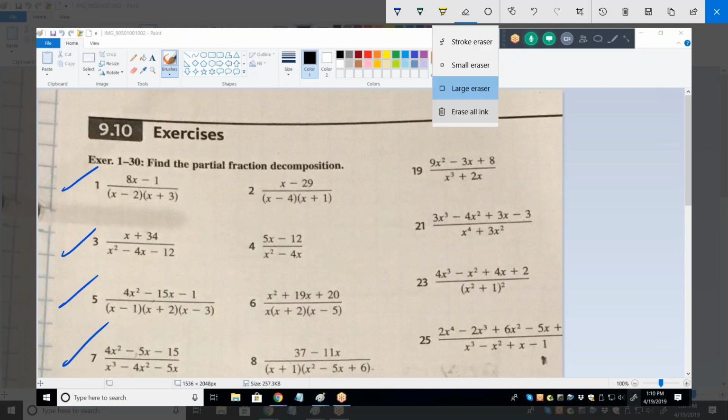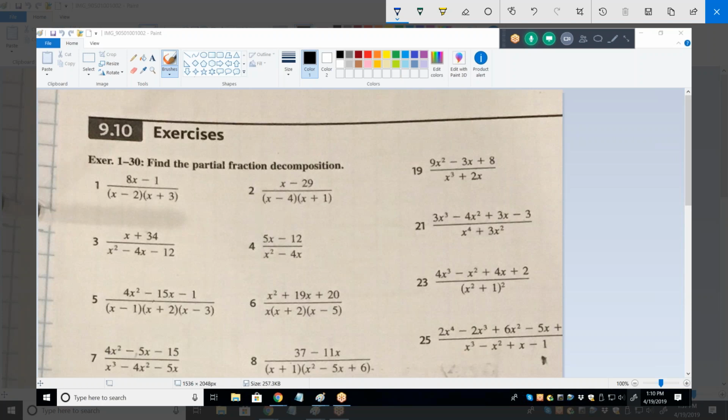If you're trying to learn math at the greatest degree of difficulty, then I'll teach you the harder part of this. This gets a lot harder. When you start getting denominators like that, it gets a whole lot harder.